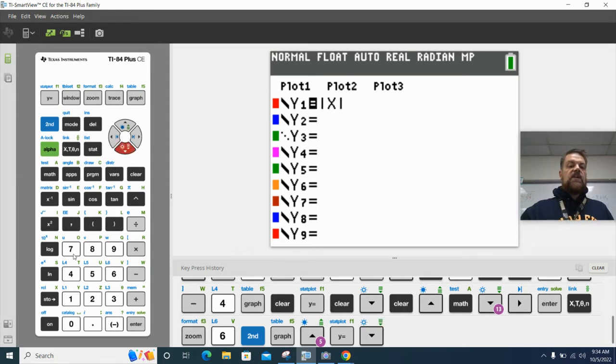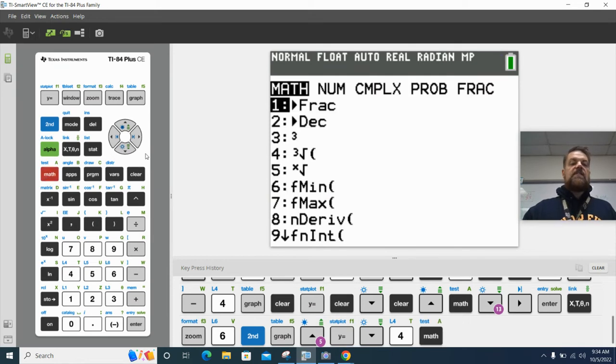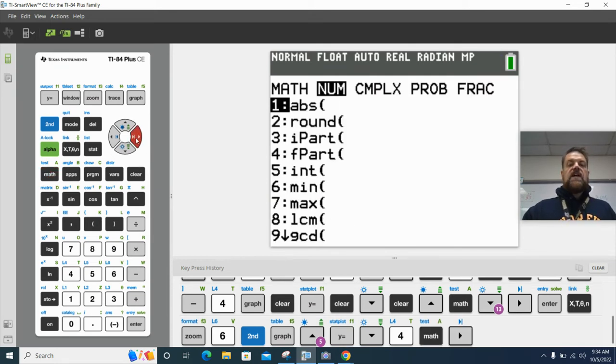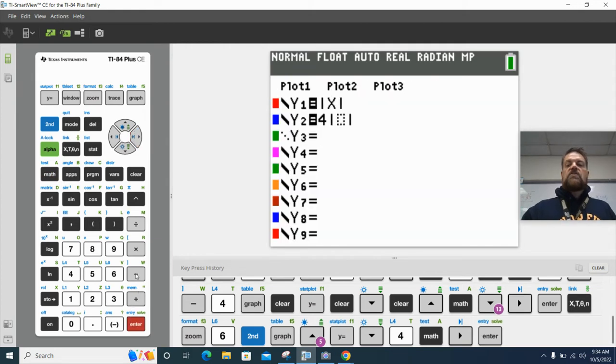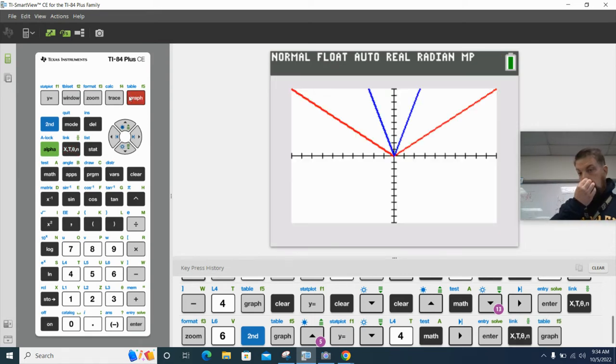The first thing I'm going to do is graph 4 times the absolute value of x. So remember, to get the absolute value brackets, you hit math, go to the cursor one time, and select ABS, which will pull up your absolute value brackets. And I'm just going to put x. Let's graph that real quick and take a look.